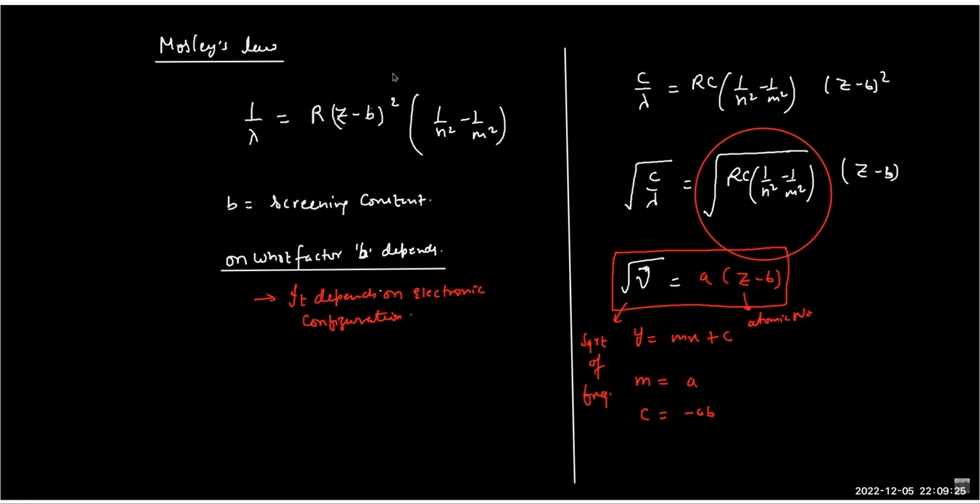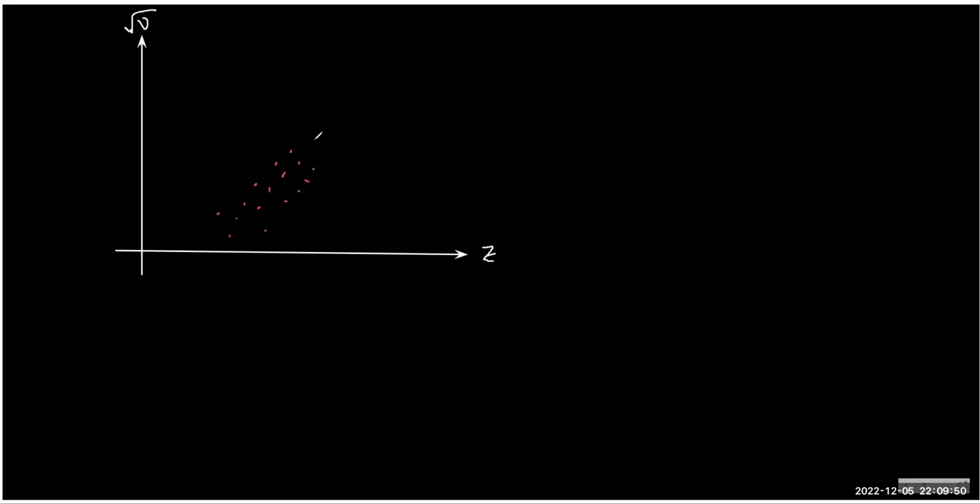So is it a perfect straight line? The answer is no. The experimental line is not a straight line. This is a rough approximation. So when he actually plotted the graph of square root of frequency versus atomic number, and plotted the elements, the elements will populate this particular way.